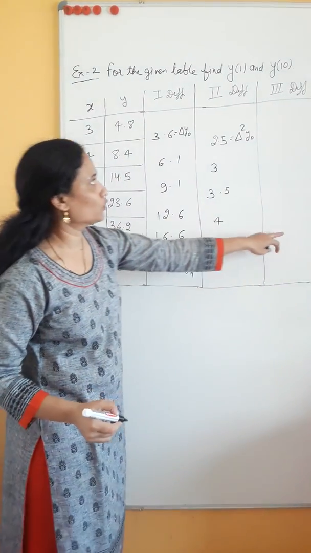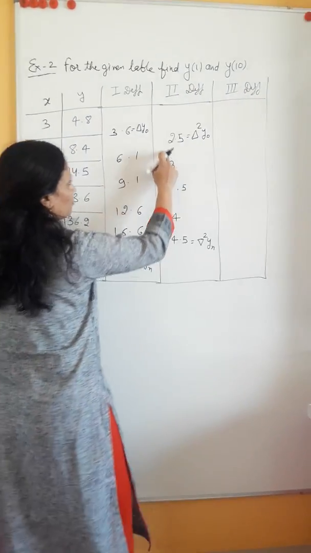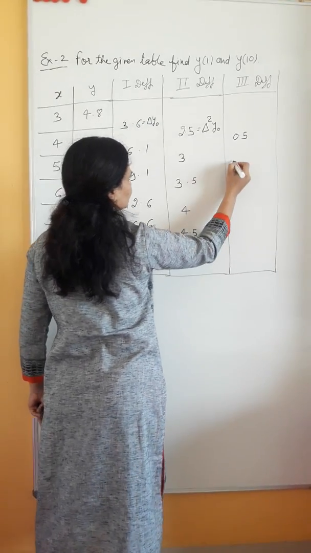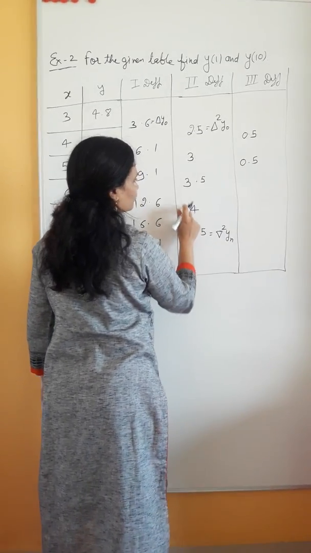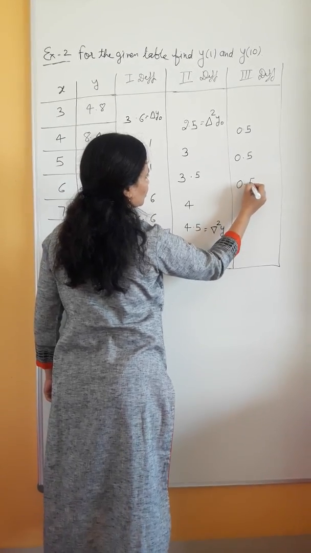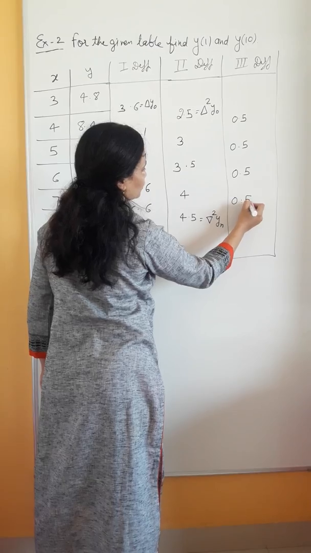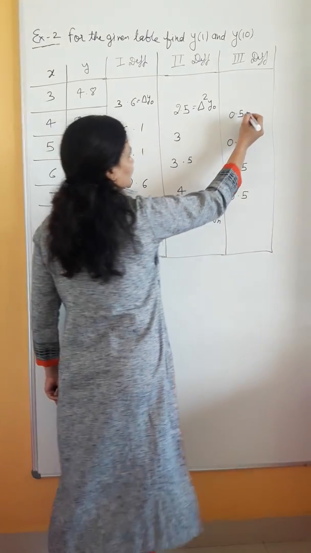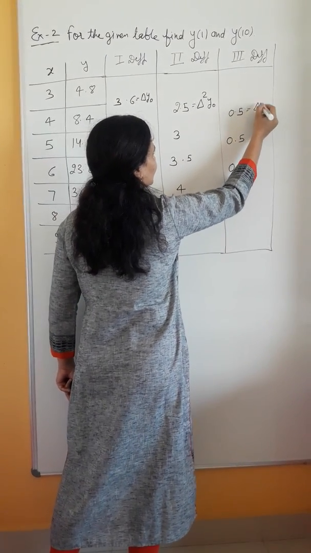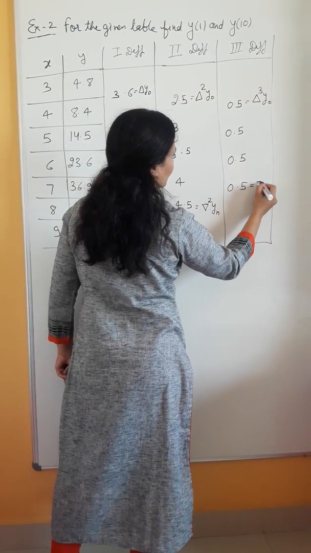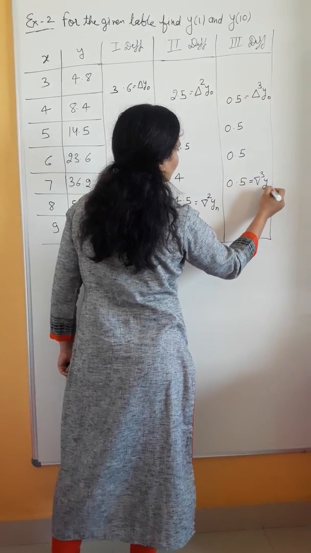Now let's go to the third difference. 3 minus 2.5 is 0.5. This minus this is 0.5, and so on, every value is 0.5. So our table terminates here. This is delta cube y naught and this is nabla cube yn.